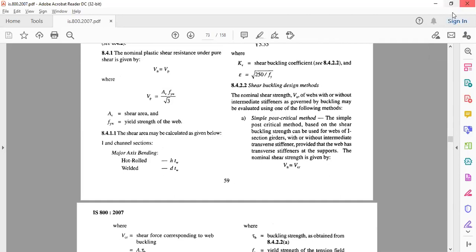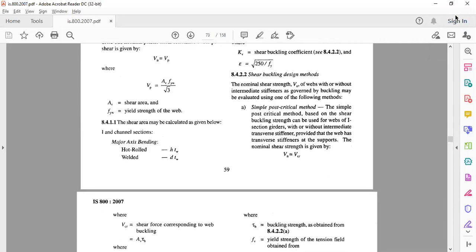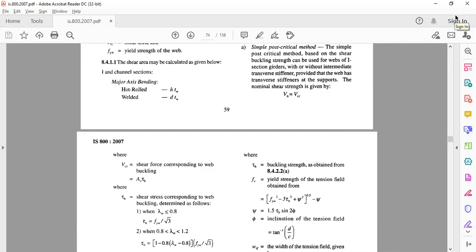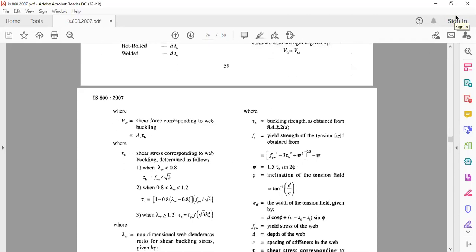This is the simple post critical method. C by D value we can have maximum, that is less than 1 and greater than 1. Greater than 1 means up to 1.5 we can take. By using that we are going to have our remaining constraints.